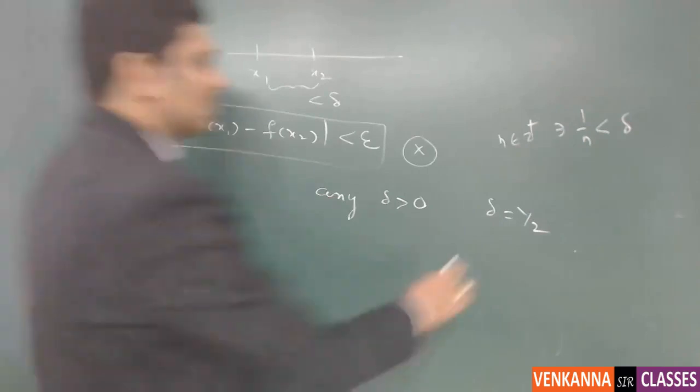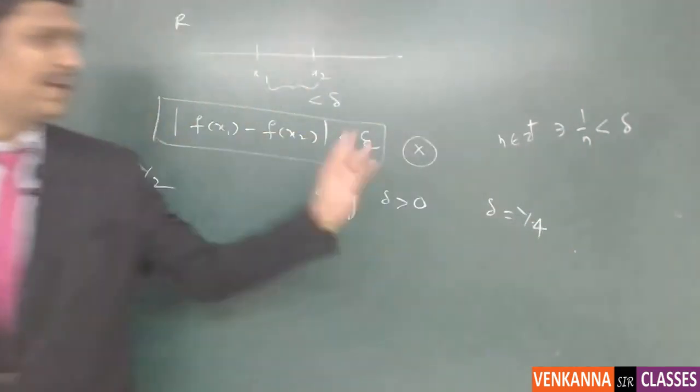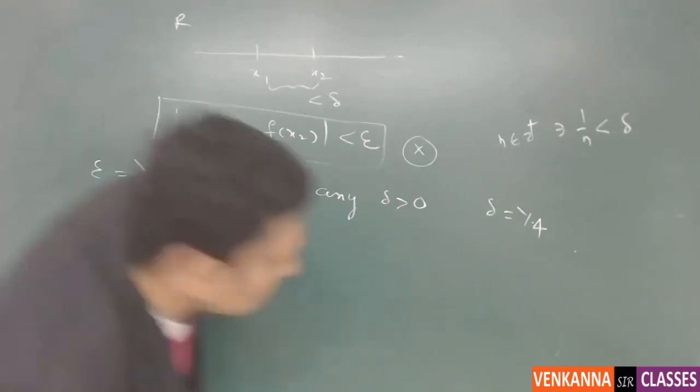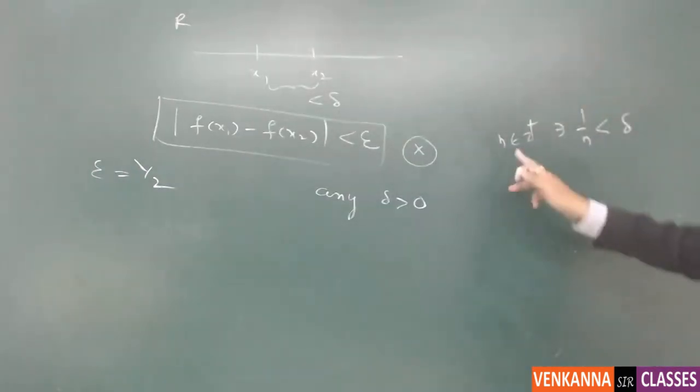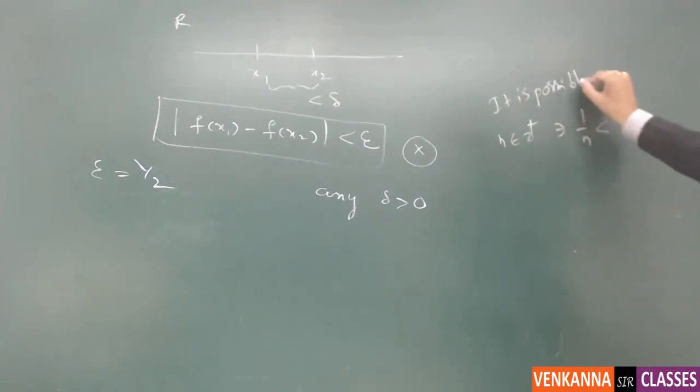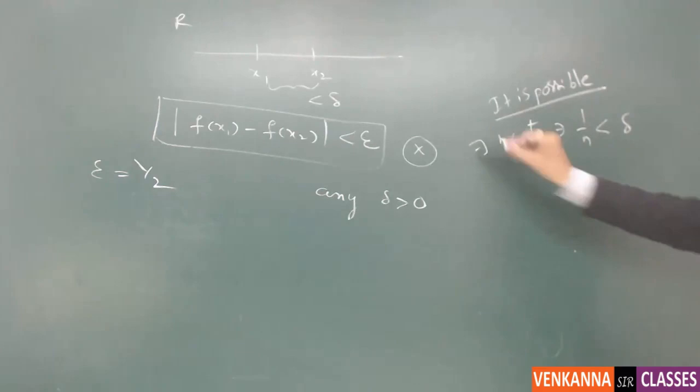Suppose you take delta equal to 1 by 4, can you find a positive integer n such that 1 by n is less than 1 by 4? Is it possible? Are you getting the idea? You agree or not? Right. So you take any delta, then there exists a positive integer n such that 1 by n is less than delta.